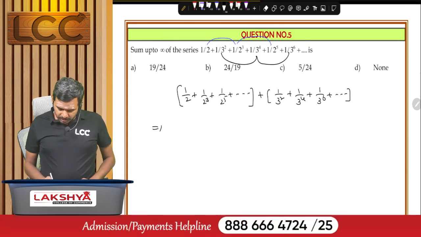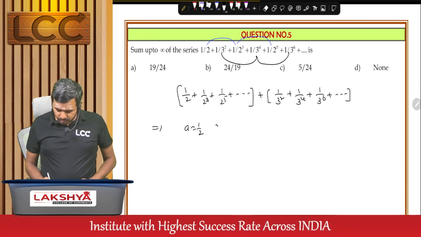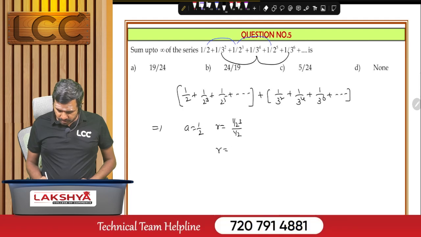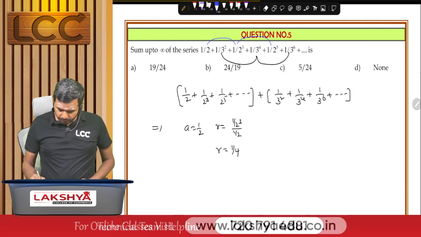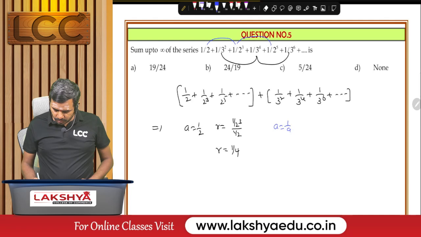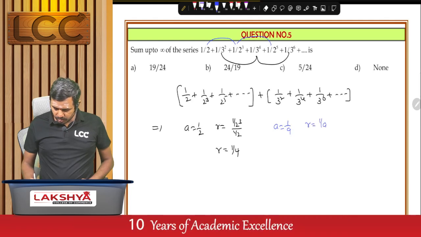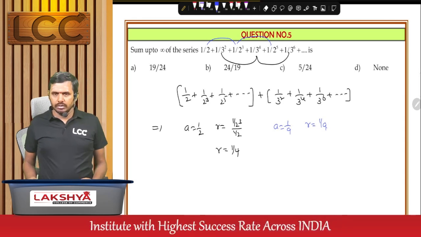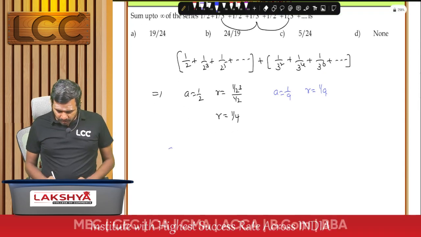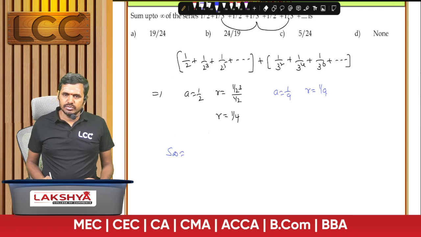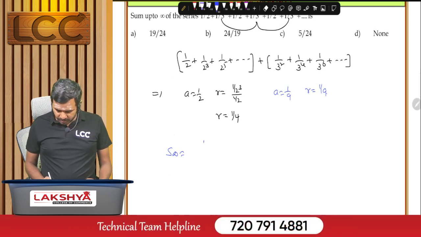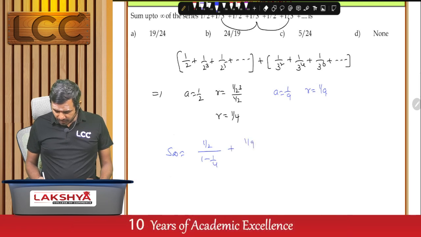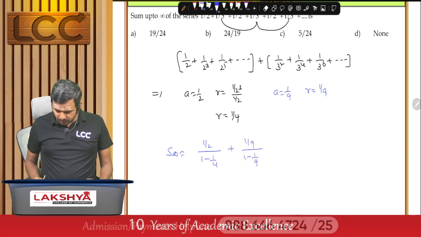See this: a is equal to 1 by 2, r is equal to 1 by 2 cube by 1 by 2, hence r is equal to 1 by 4. In the other case, a is equal to 1 by 9, and r is 1 by 3 power 4 by 1 by 3 square, which is nothing but 1 by 9. Now we find the sum of infinite terms, a by 1 minus r: 1 by 2 by 1 minus 1 by 4 plus 1 by 9 by 1 minus 1 by 9.